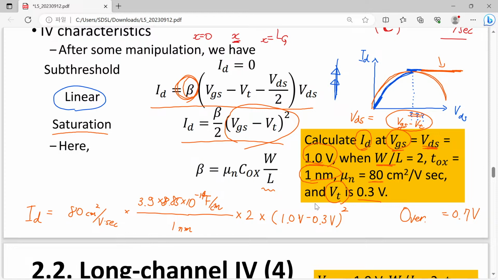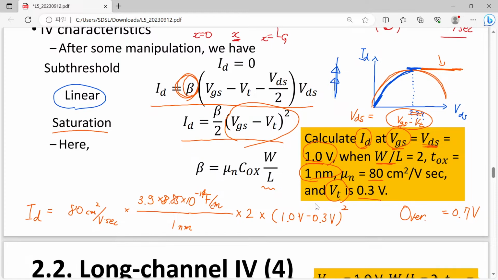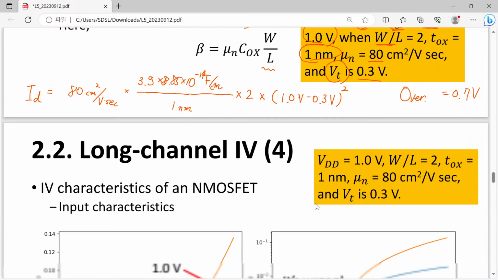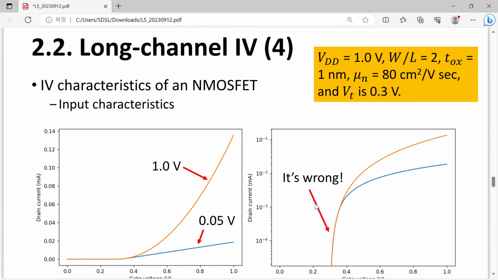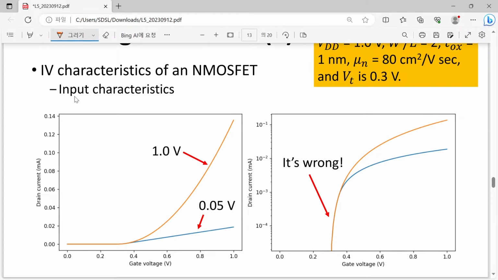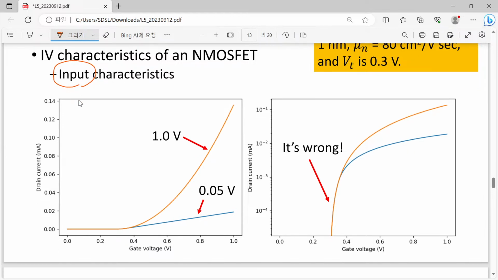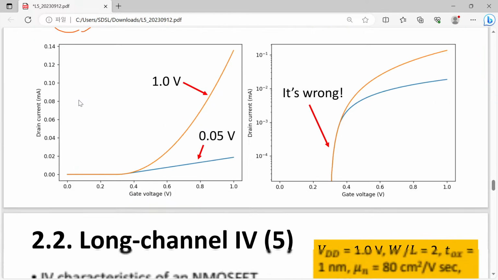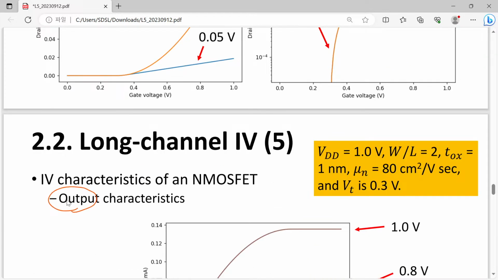So this is just done. This is a simple evaluation, but actually when we characterize our IV characteristics, we always have to care about two things. The first one is input characteristics, and another one is output characteristics.